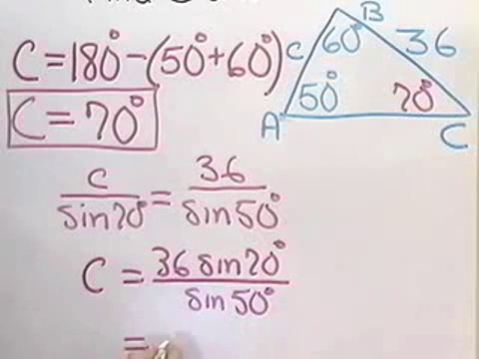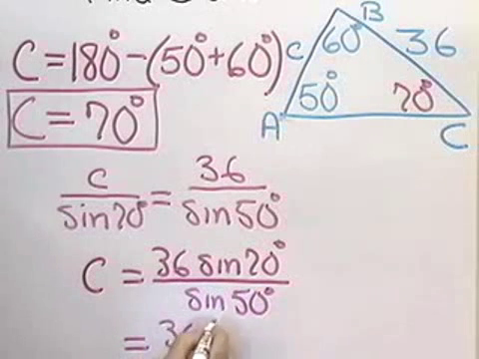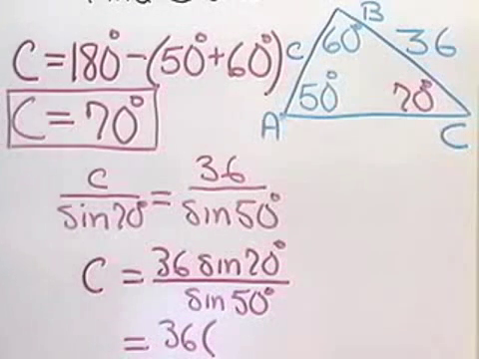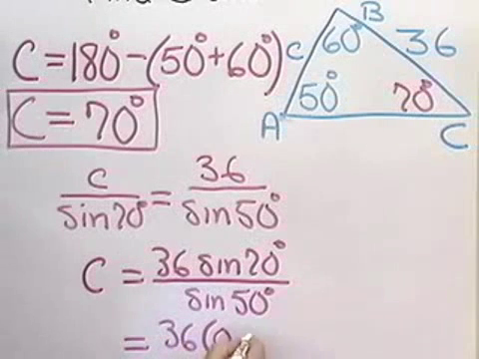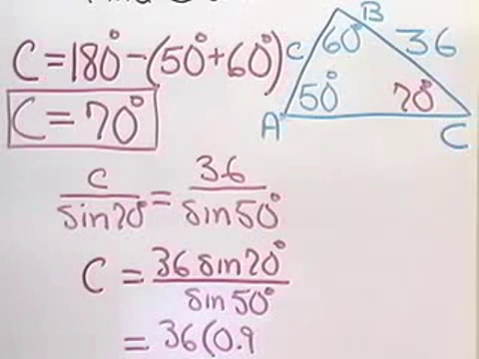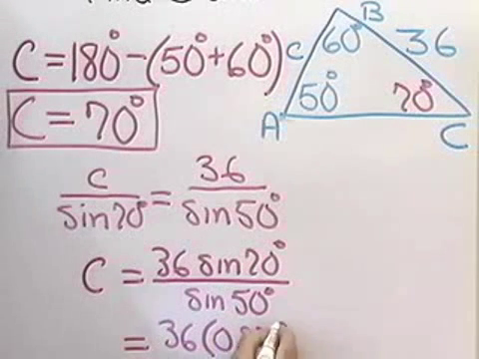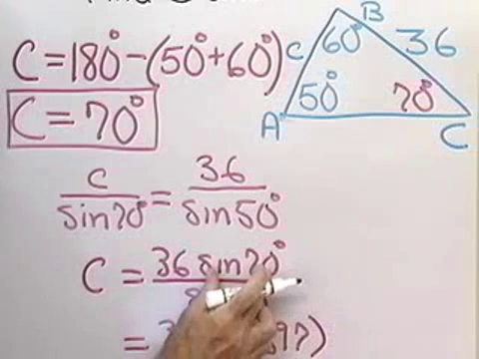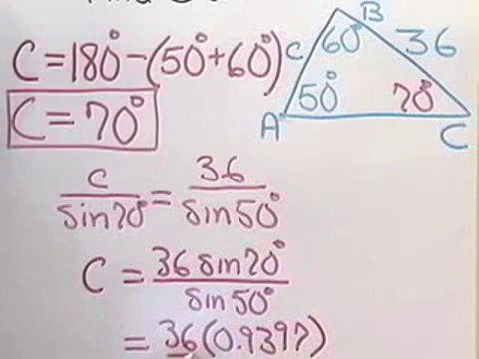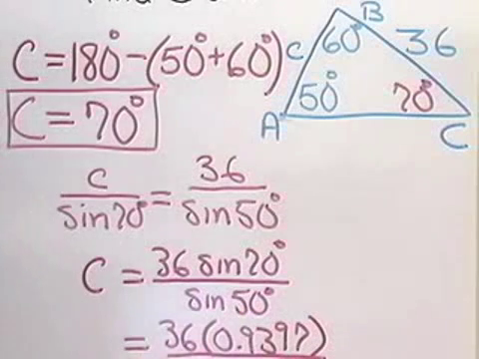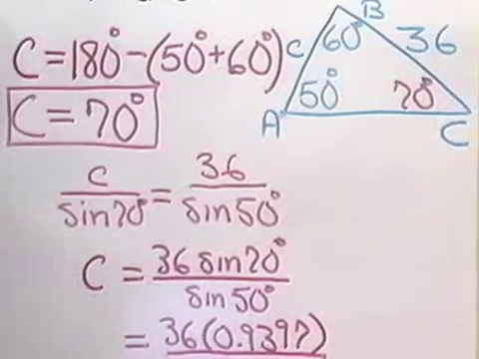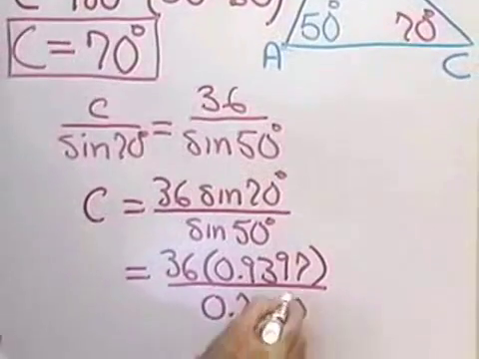Now, if I do this on a calculator, which I've already done, I'll just show you the first few digits. It's going to be 36 times 0.9397. That's the first four digits of what I get if I find the sine of 70 degrees on my calculator, divided by sine 50 on the calculator, which is 0.7660.